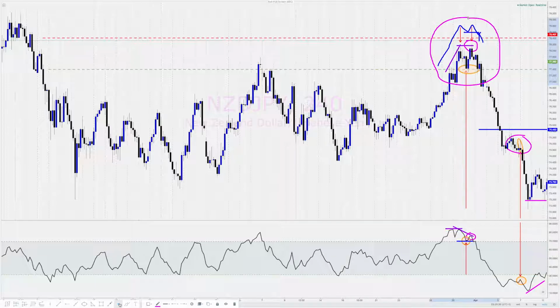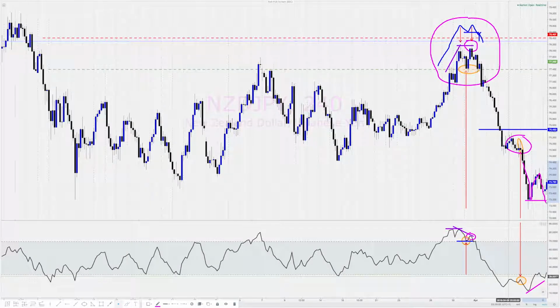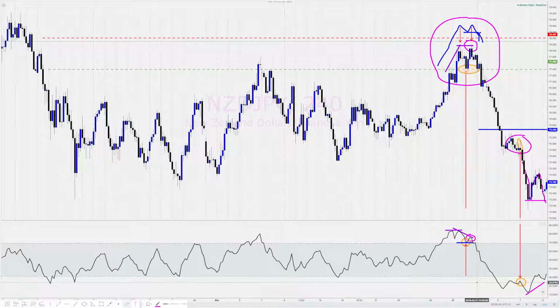So we identify the most recent divergence, which is this down move, up, down for the double bottom. And on our RSI, it's here. Down, up, divergence. There's the divergence.